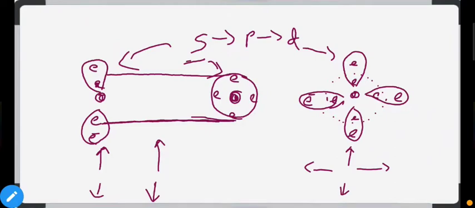So an s orbital electron spends more time closer to the nucleus. Then we have p, and then we have d. A d orbital electron spends less time closer to the nucleus, and the same trend will be observed for f. F electrons will spend even less time closer to the nucleus.